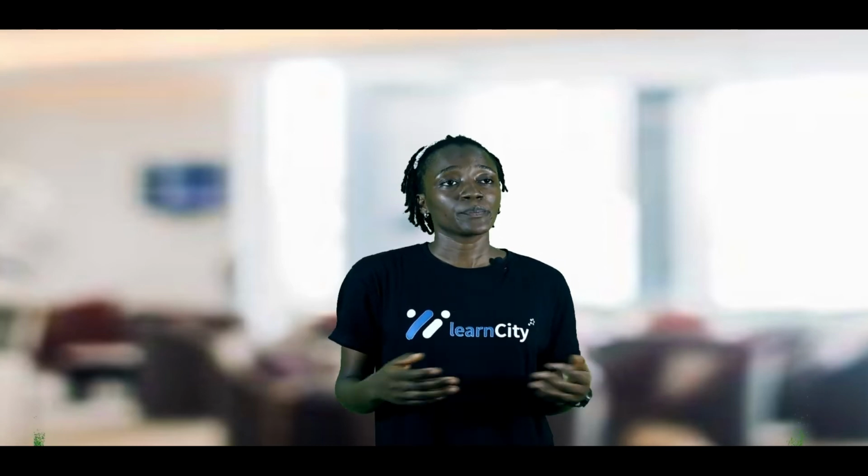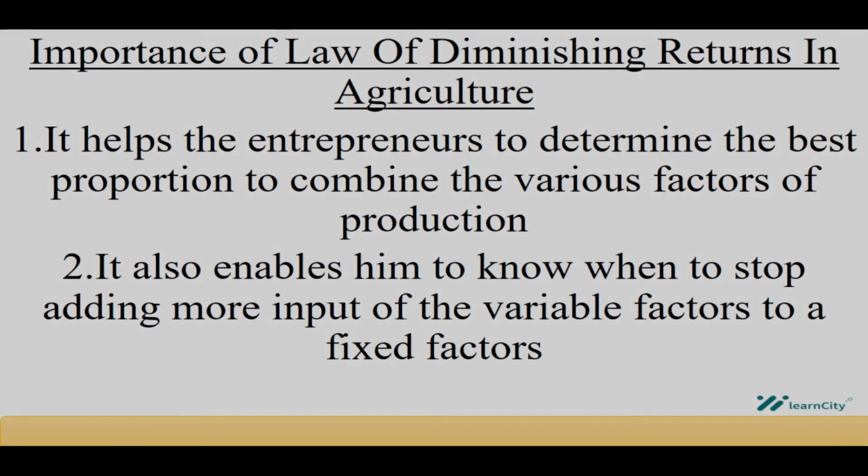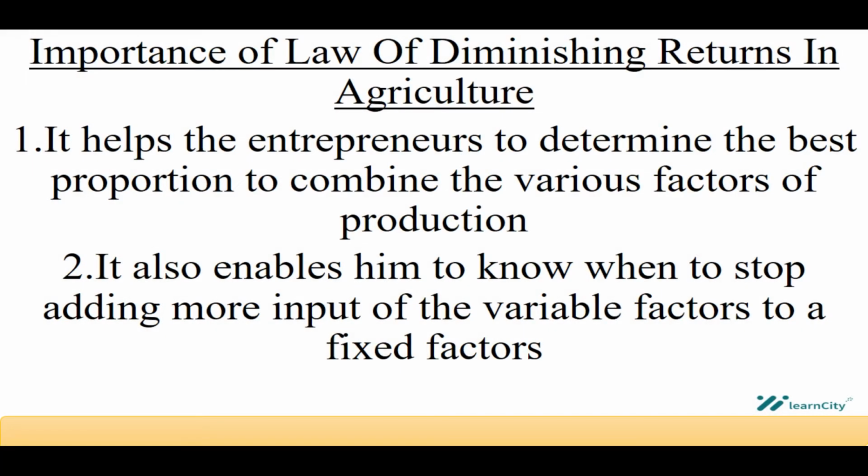Importance of the law of diminishing returns in agriculture. It helps the entrepreneur to determine the best proportions in which to combine the various factors of production. It also enables him to know when to stop adding more inputs of the variable factor to a fixed factor.